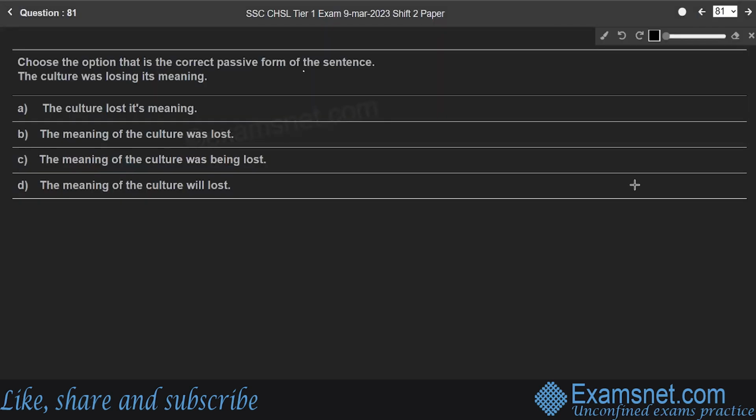Question 81. Choose the option that is the correct passive form of the sentence. Here, the given sentence is in active voice. The culture was losing its meaning, which is in past continuous tense.